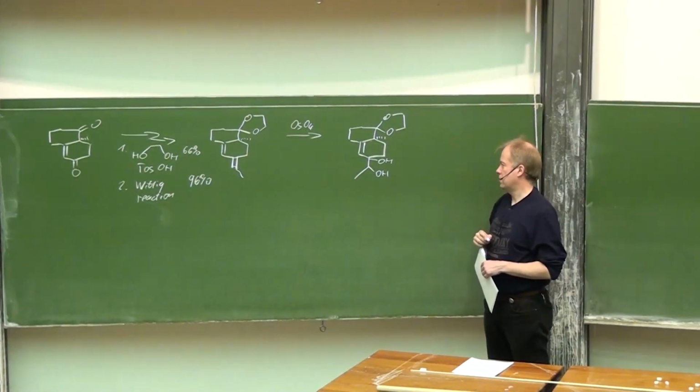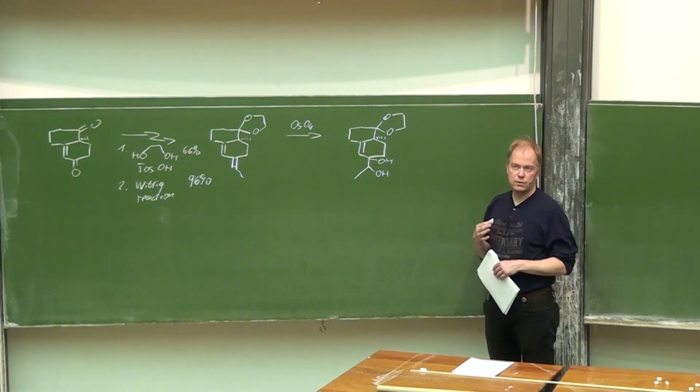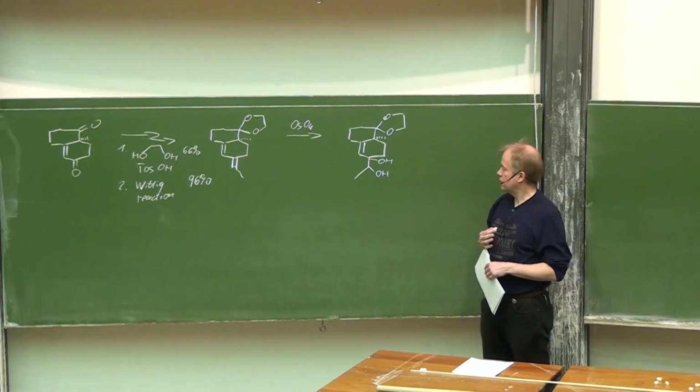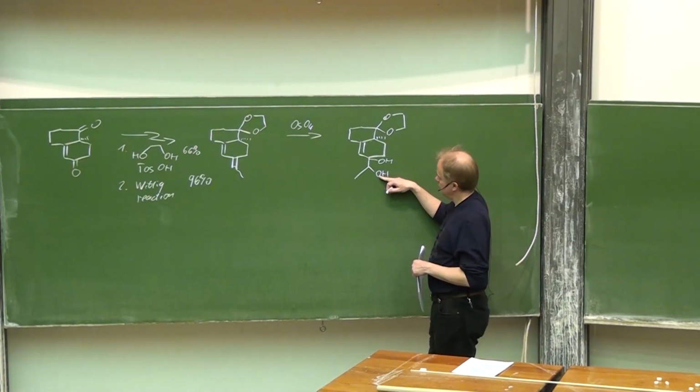And now it already becomes clear, I hope, for everyone, how Corey was planning the ring enlargement by a pinacol-pinacolone rearrangement. So, you need the leaving group here.